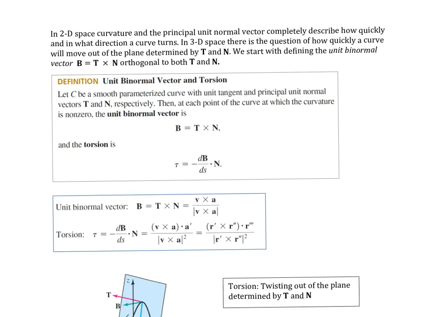The last topic in this section that we need to talk about is movement in three-dimensional space. So far, when we're talking about our tangent and our normal vector describing the curvature, we're looking at movement in two-dimensional space. Think about the tangent and the normal vectors.